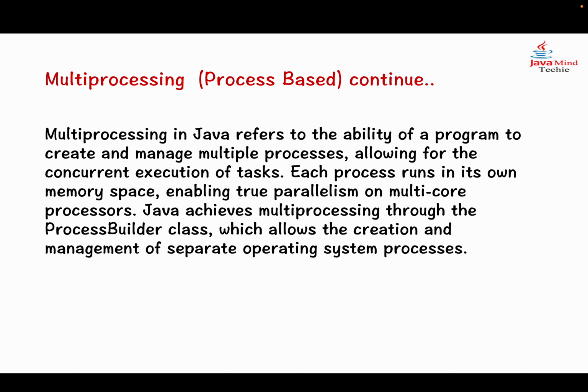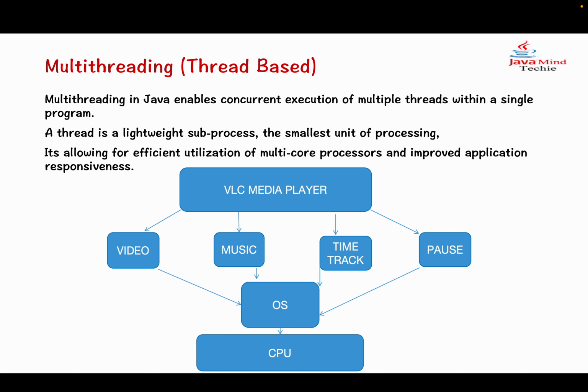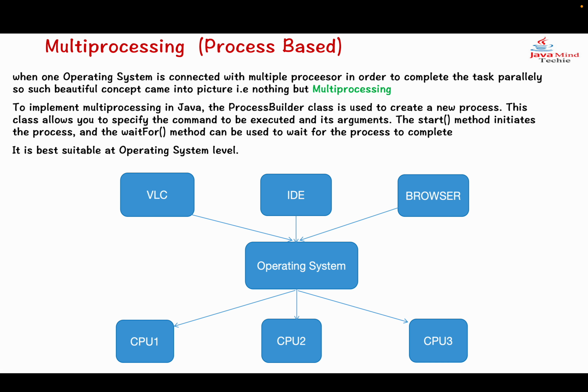If you have multiple CPUs, it enables parallelism on multi-core processors, which happens internally. Java achieves multiprocessing through the ProcessBuilder class. This is the internals of multiprocessing, which allows the creation and management of separate operating system processes. Just keep this in mind for your knowledge.